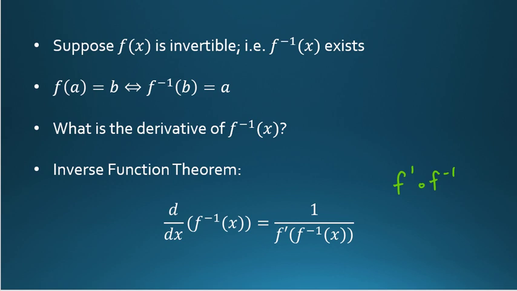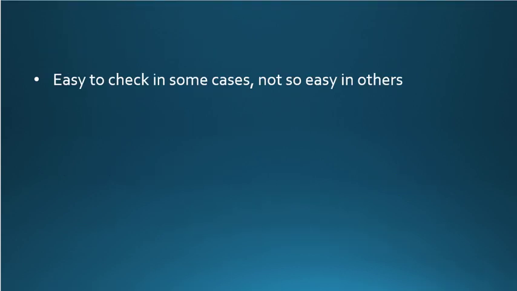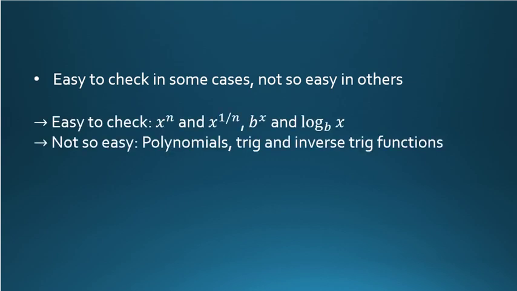Now, for this particular version of the inverse function theorem, for certain kinds of functions, it's easy to check and see that you do indeed get the left and right hand sides to match. It's not so easy in some other cases.